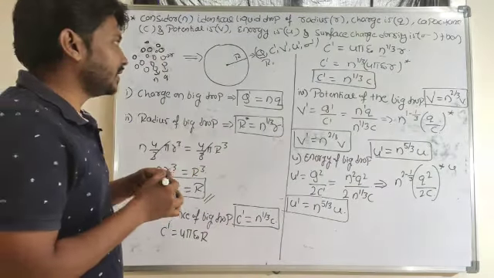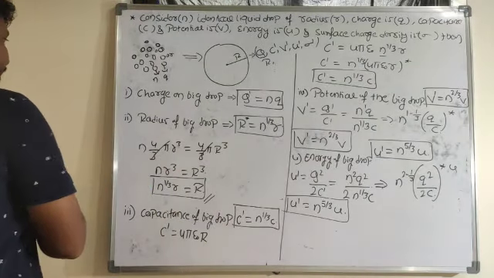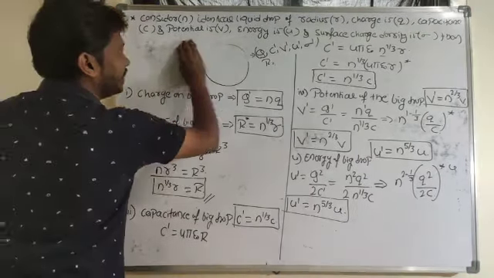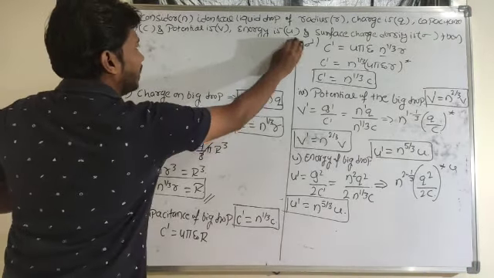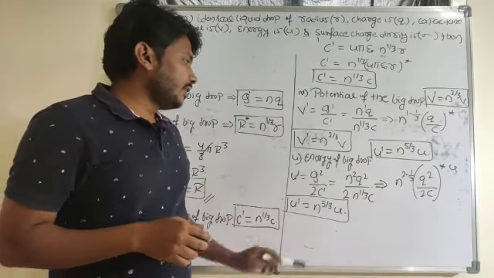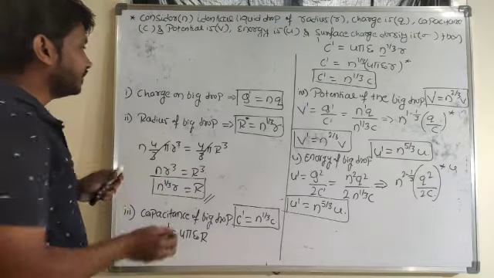So let me list out here. I got the charge on the bigger drop, radius of the big drop, capacitance of the big drop, as well as potential of the big drop and energy of the bigger drop.